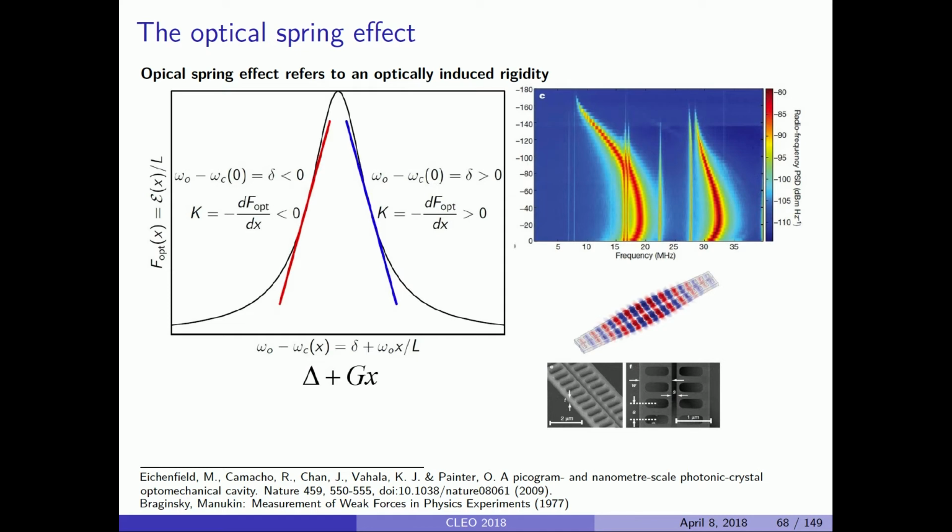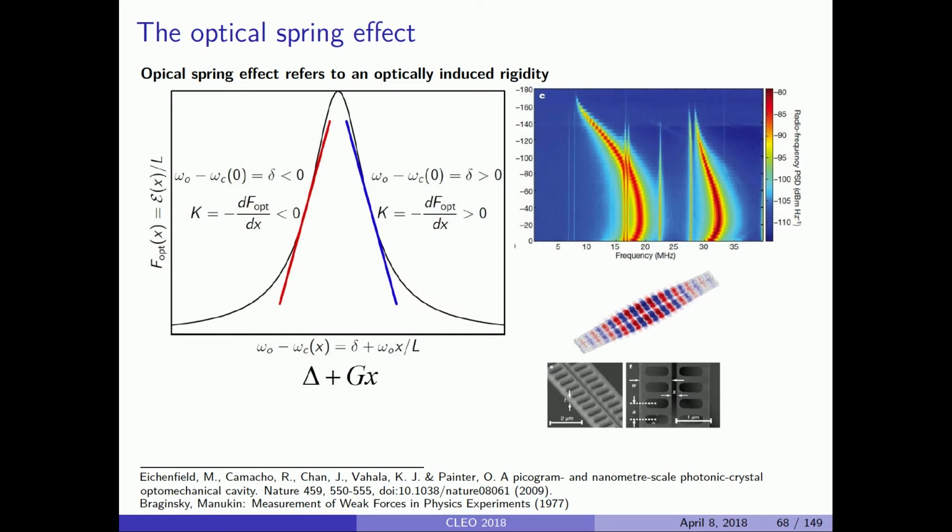So this is an example of a photonic crystal cavity, a beam cavity. What you can see here is that even though the mechanical eigenfrequency at low power is about 15 megahertz, you can shift that frequency all the way to about 7 megahertz. So you have a gigantic ability to spring shift the eigenfrequency.